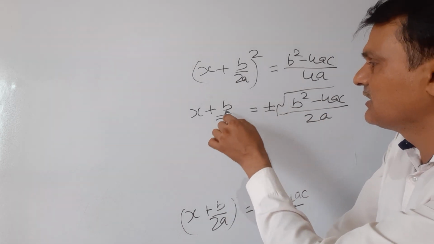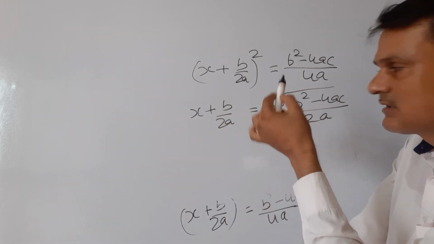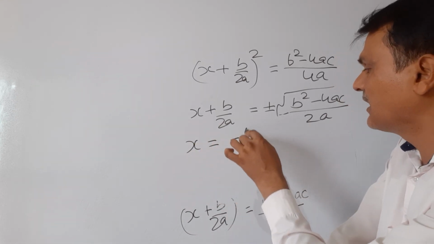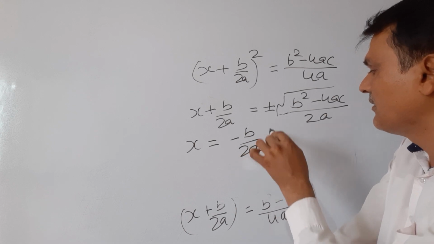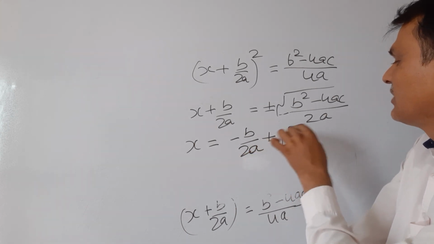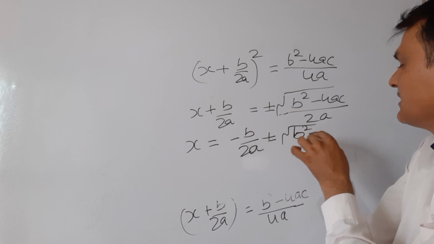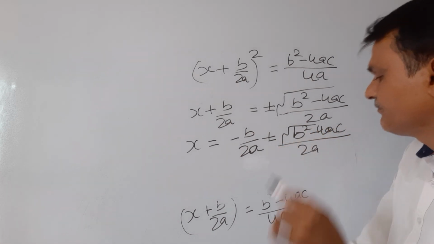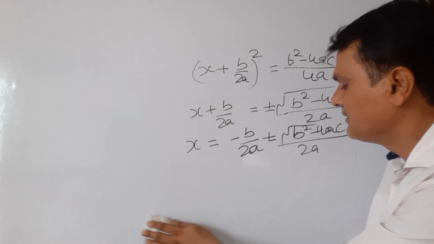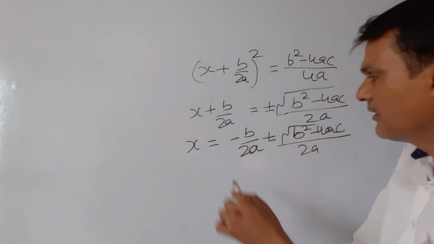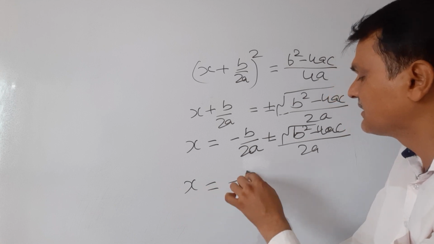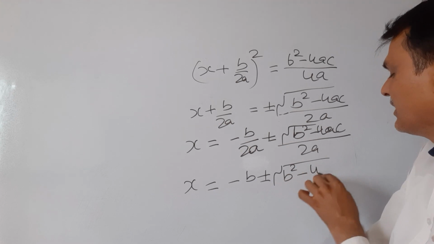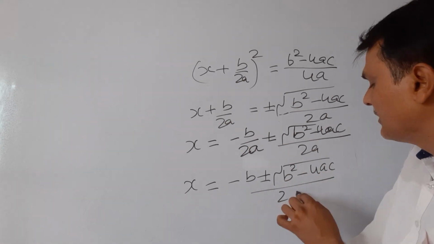Now by transposing b upon 2a to the right side, we get the value of x equal to minus b upon 2a plus minus root of b square minus 4ac upon 2a. And by simplifying, we get x equal to minus b plus minus root of b square minus 4ac upon 2a.